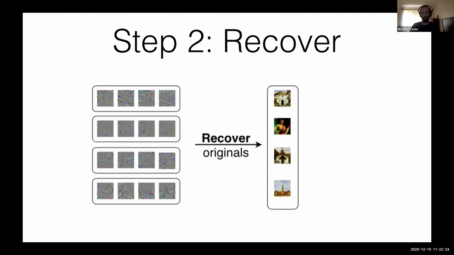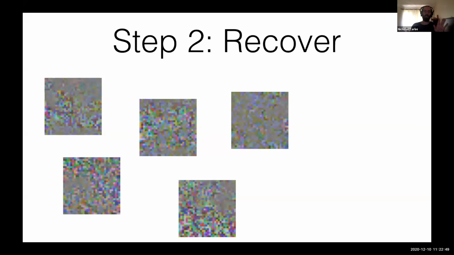What do we do with them? All we're going to do is take them one by one and use them to recover the original images. In practice this is a little bit complicated. There's some big matrix we compute and we take the inverse and do some fancy things. But the way you can think of it is imagine that we took all of these images.